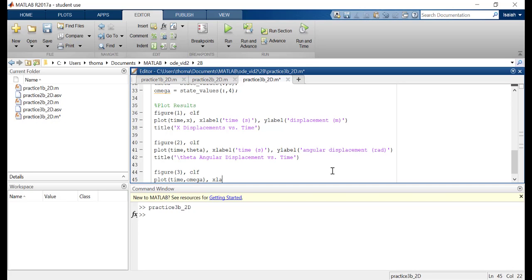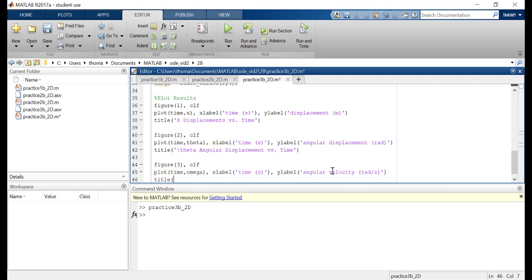So that would be omega, and that's radians per second. And the reason why I'm doing that is just to further validate the assumptions that we made. You won't really see the significance of this in this video.